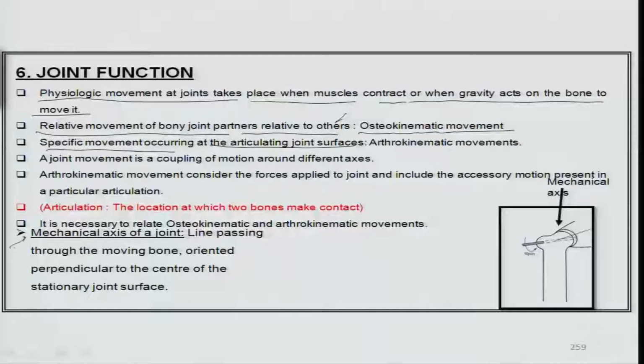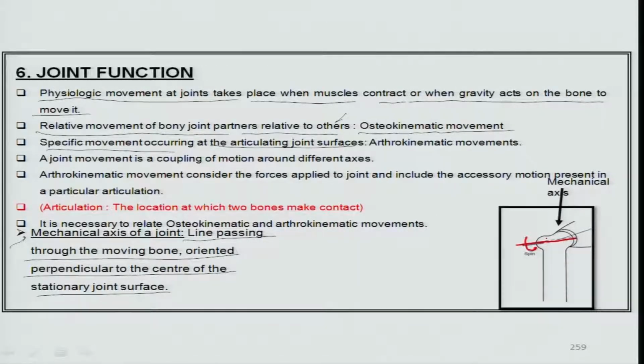If I looked at a joint and tried to figure out the mechanical axis of a joint, this will typically be a line passing through the moving bone, oriented perpendicular to the center of the stationary joint. For example, you can see that this joint executes a rotational motion in the form of a spin across this particular axis, which is actually the mechanical axis around which the joint exists.